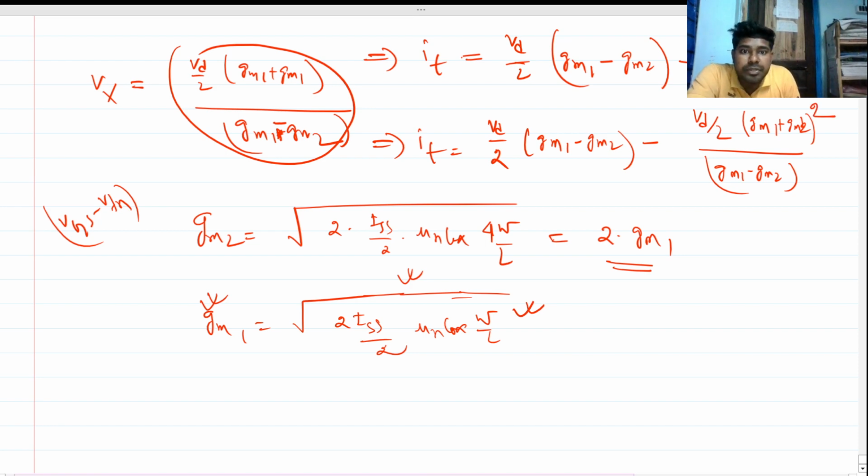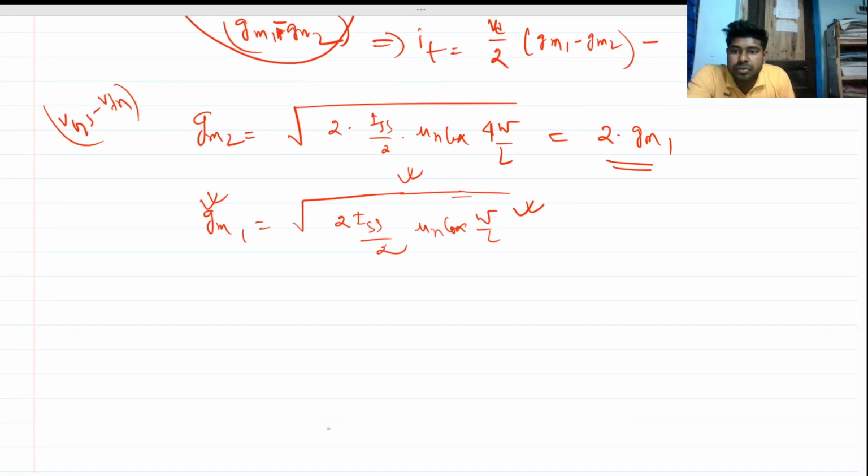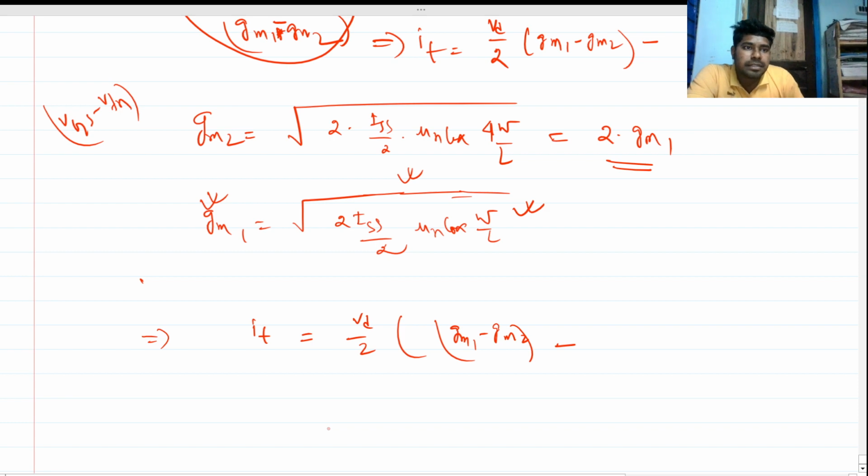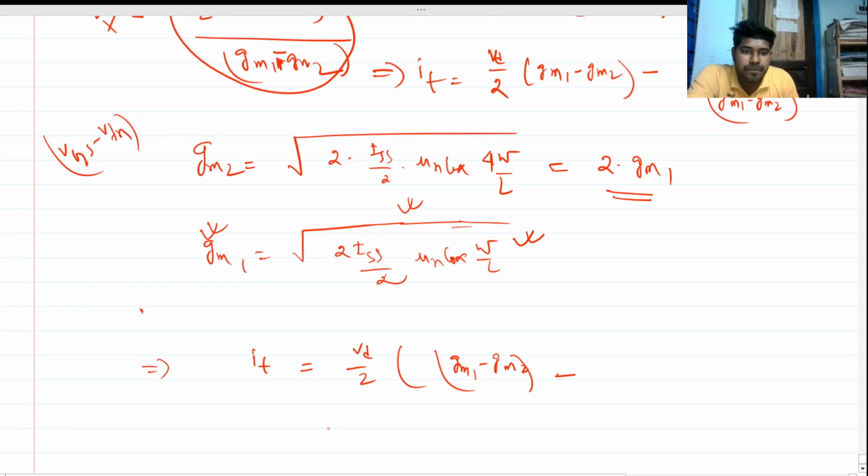So now if we take common from here, okay, let me do. So this will be IT by Vd by 2 common, so this will be nothing but Gm1 minus Gm2 minus Gm1 plus Gm2 whole square divided by Gm1 minus Gm2.